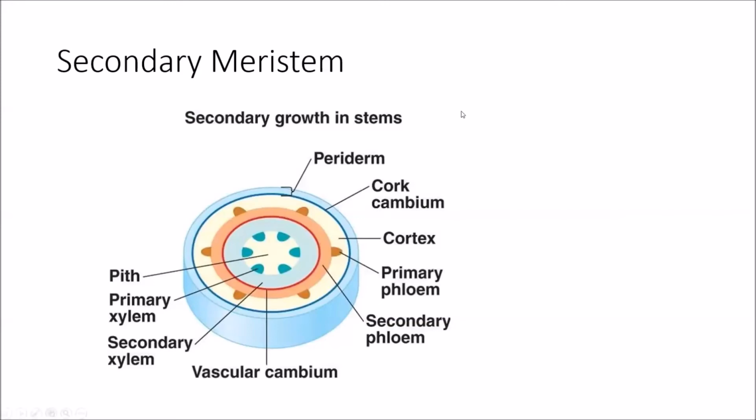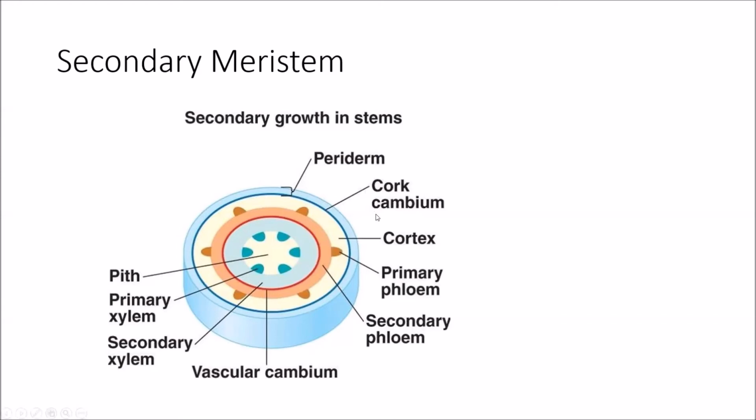Now, when it comes to the secondary meristem, there are two important parts that you're going to have to remember. You have the cork cambium and the vascular cambium. Okay, so these are types of tissues that are examples of the secondary meristem.